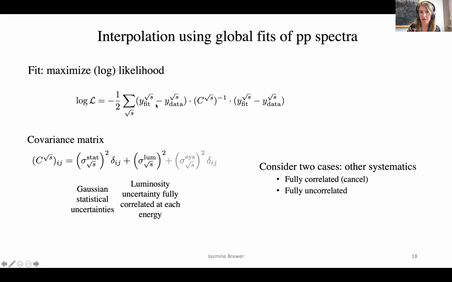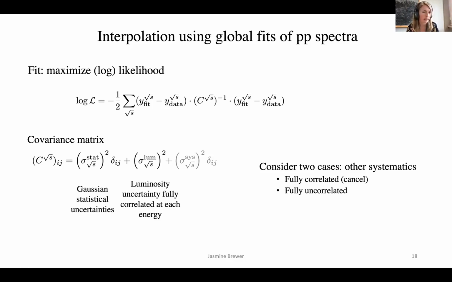And then this is describing a Gaussian where the likelihood of a fit given the data is proportional to how far from the center of this Gaussian the fit is, in accordance with the statistical uncertainties. I hope that gives some kind of intuition for what this form means.